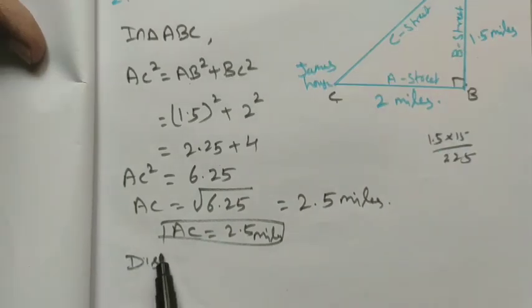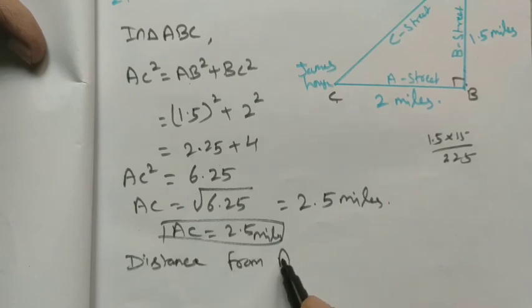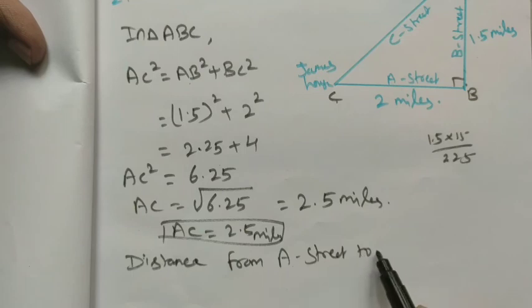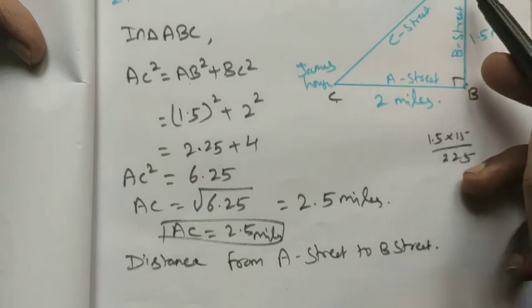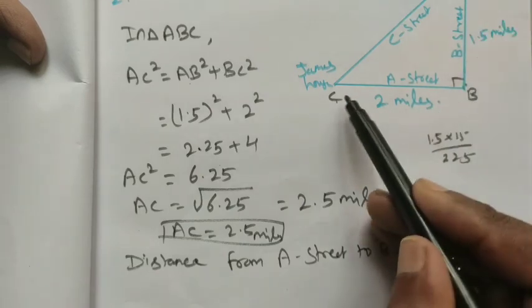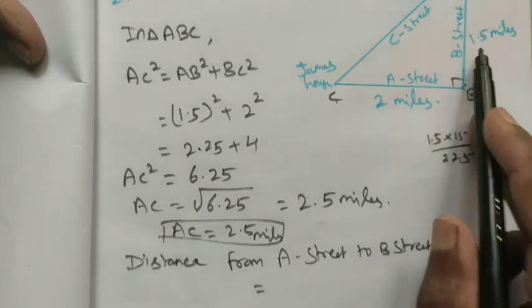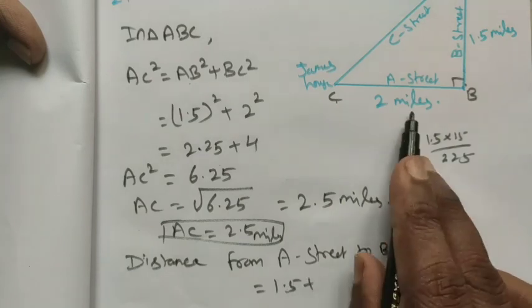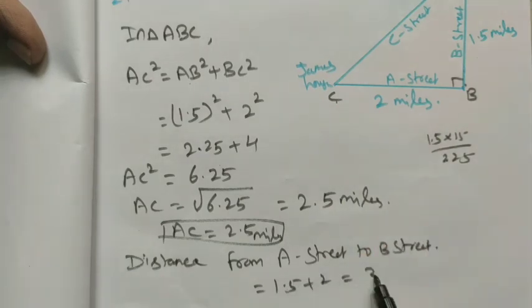So the distance from A street to B street, right? It moves like this and then it reaches that place, means here we have 1.5 plus here we have 2, that is 3.5 miles.